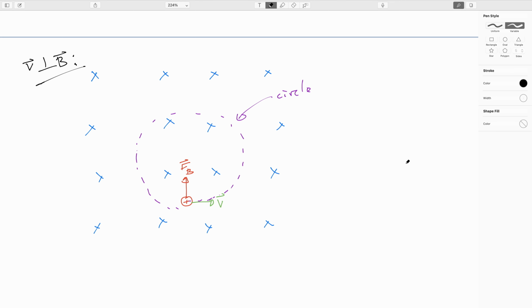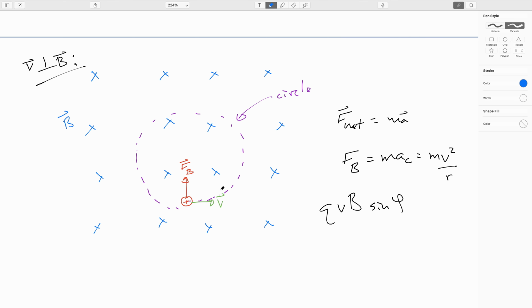So we can put in what the magnetic force is here. This will be QVB, and it'll be equal to QVB times the sine of the angle between V and B. But B is again straight into the page in this example here, and the velocity is on the surface of the screen.